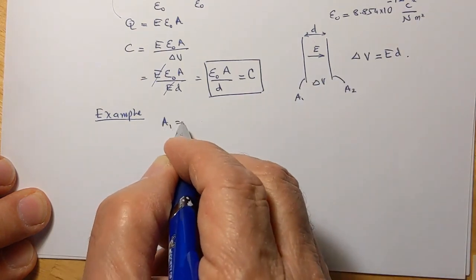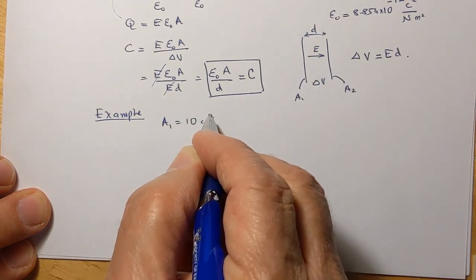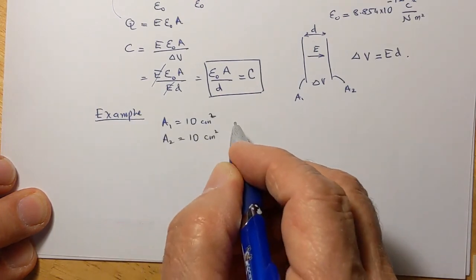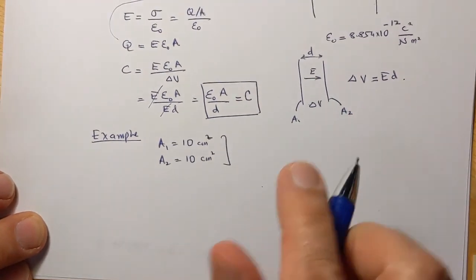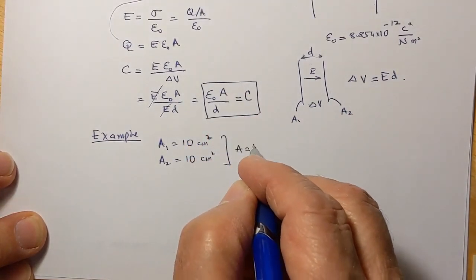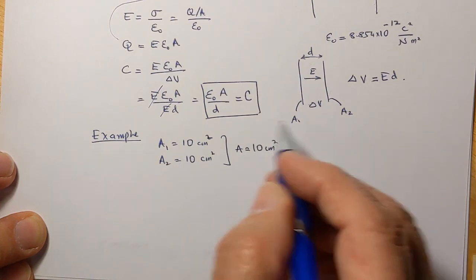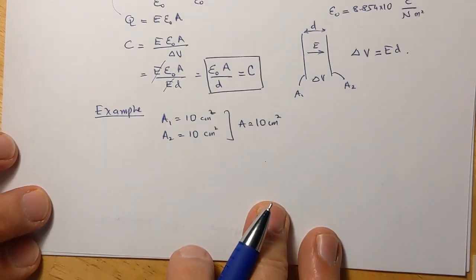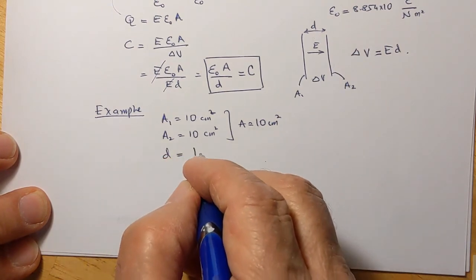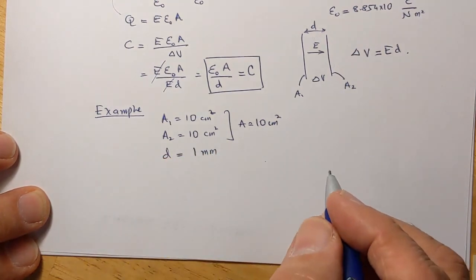Let's say A1 is 10 centimeters squared, and A2 is also 10 centimeters squared. Then the area that we use for finding the capacitance is just A as 10 centimeters squared. We do not add the two together. Let's say that the distance between the two plates is 1 millimeter.